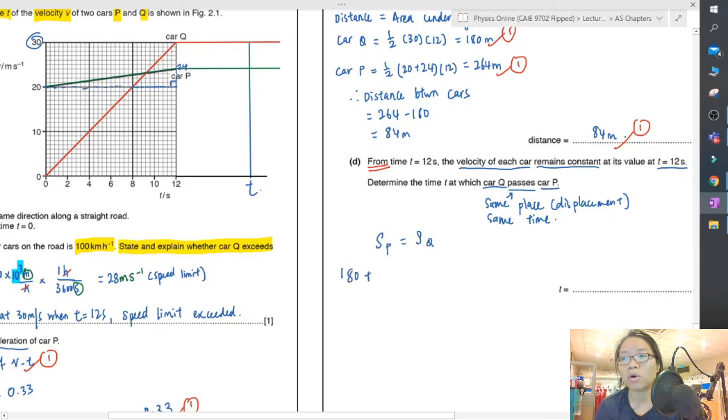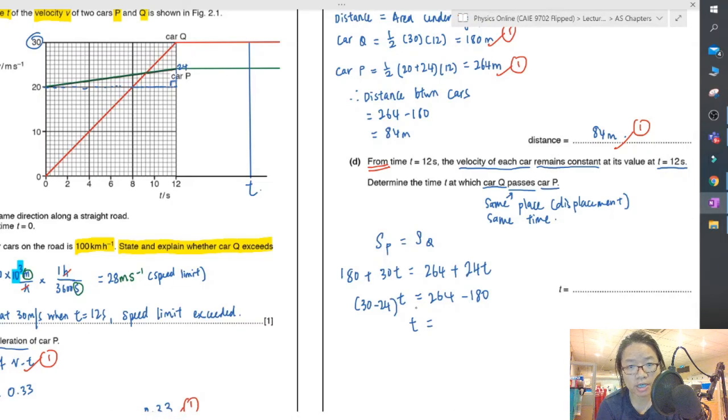But I already know how far SP travels, which is 180 for the first 12 seconds. After the first 12 seconds, it will be a red rectangle, so it's 30 times t. And for SQ, it will be 264 plus 24 times t, because there will be the green rectangle. After some rearranging and basic mathematics, I will arrive at the answer of 14 seconds.